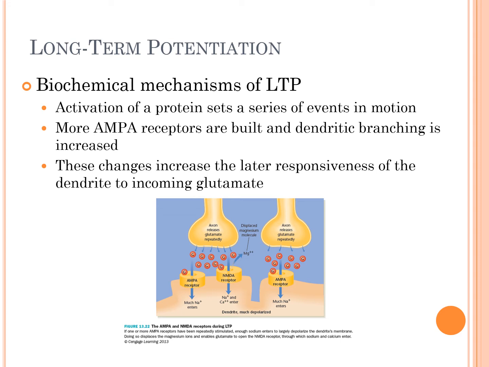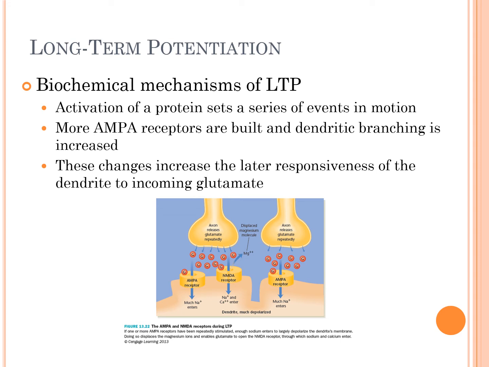But calcium does a number of things. It allows for metabolic changes within a cell, and so now we can activate a protein which sets a series of events into motion where more AMPA receptors are built and dendritic branching is increased.